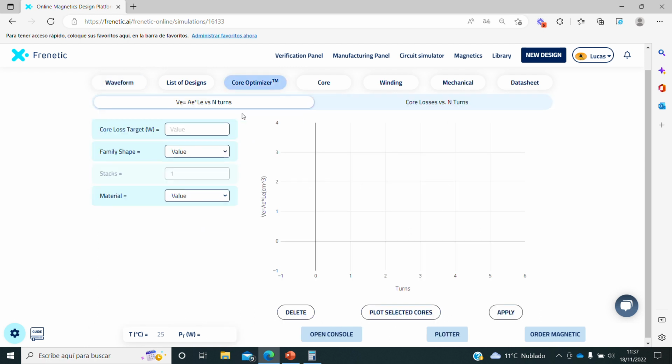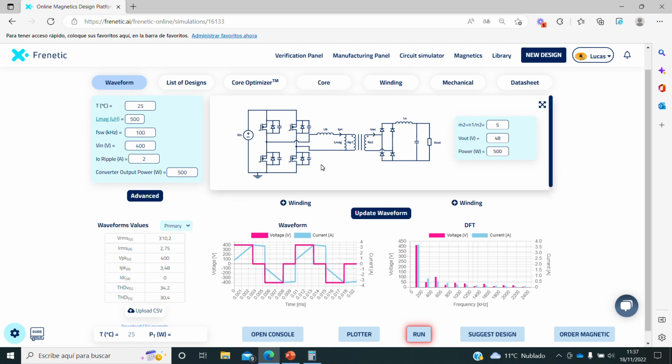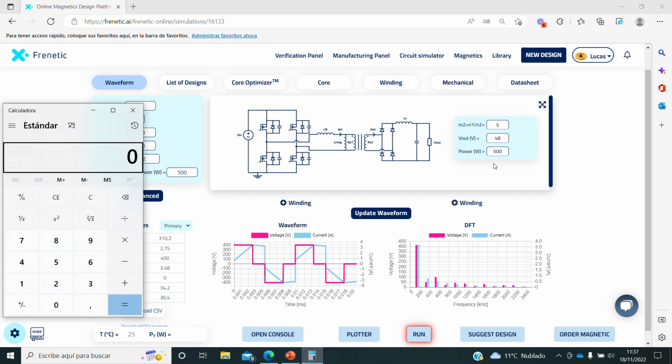We have done what we call the core optimizer. What we need to define is what is our core loss target and how to come up with this value. If we think on a power converter, we have an efficiency target. So this means that if I want to have a 95% of efficiency, I can lose 25 watts in my converter.